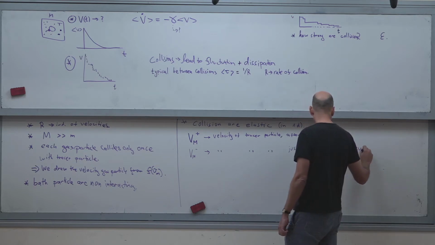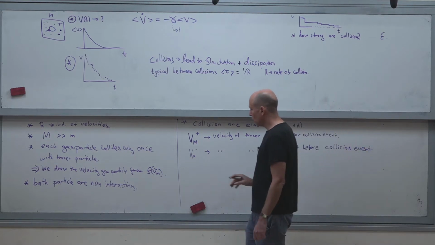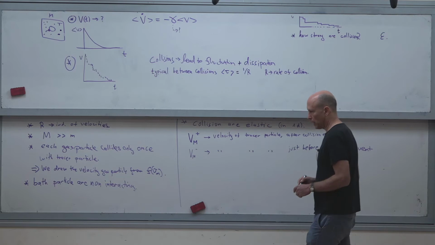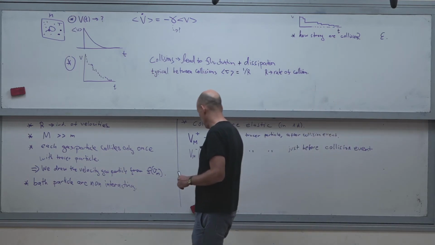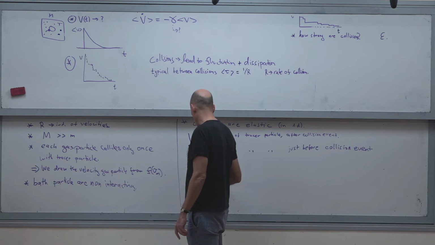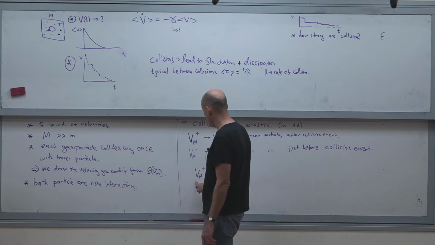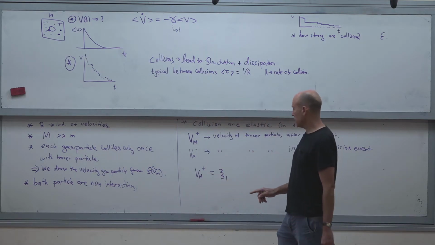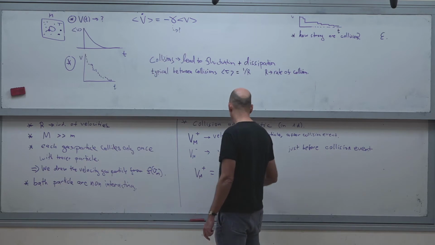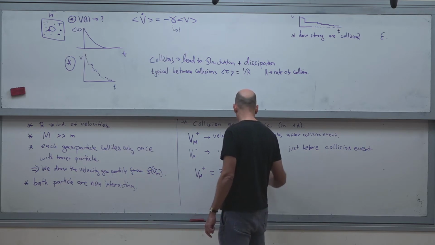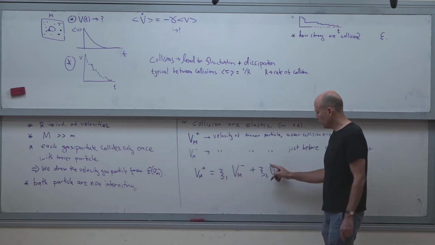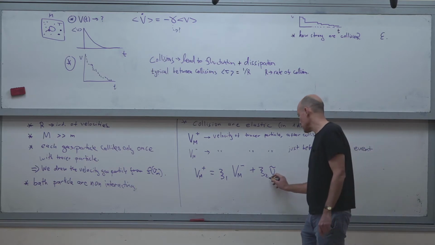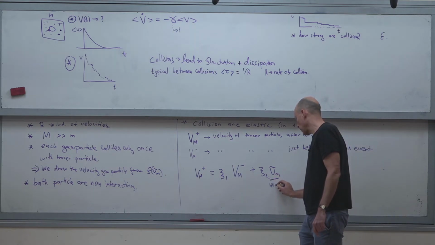Because the collisions are elastic, then we know from high school that the velocity of the particle just after collision is some psi1 Vm minus plus psi2 Vm tilde, where Vm tilde is the velocity of the gas particle.